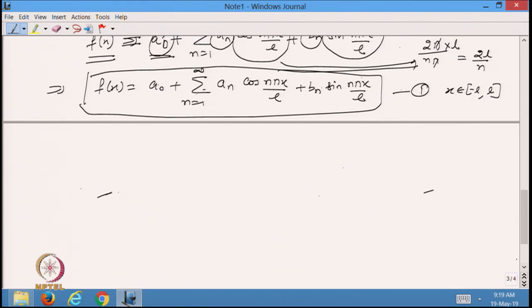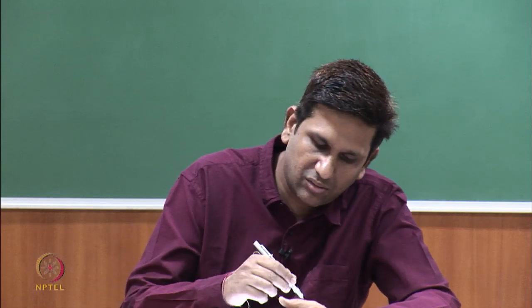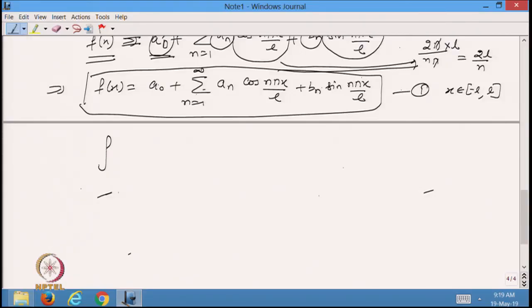Now, if you remember, earlier we discussed the orthogonal property of the functions. So, here we will take the help of the orthogonality properties of the functions, that is cos and sine. I just want to find out the value of the integral of sin(n pi x by L) into cos(n pi x by L) dx.